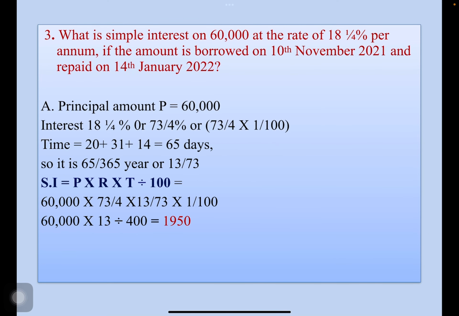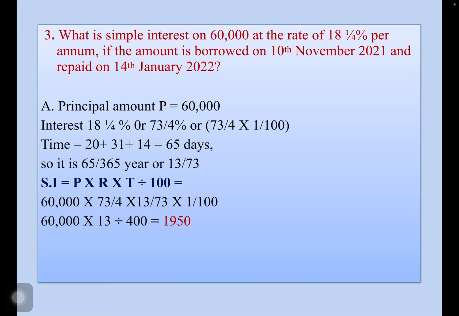Now, another problem. What is the simple interest on 60,000 at the rate 18 1/4% per annum if the amount is borrowed on 10th November 2021 and repaid on 14th January 2022? Identify P: 60,000. The rate is 18 1/4, or 73 by 4.